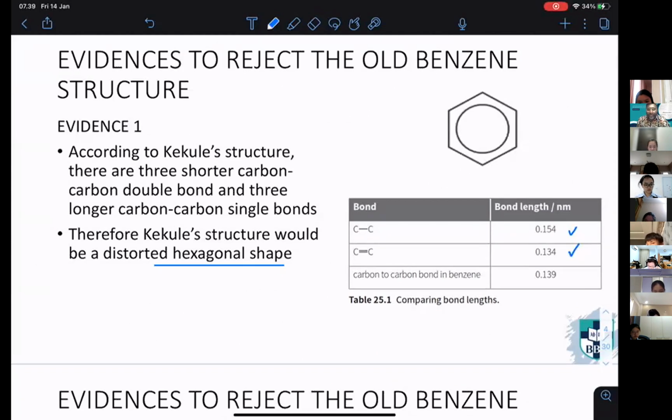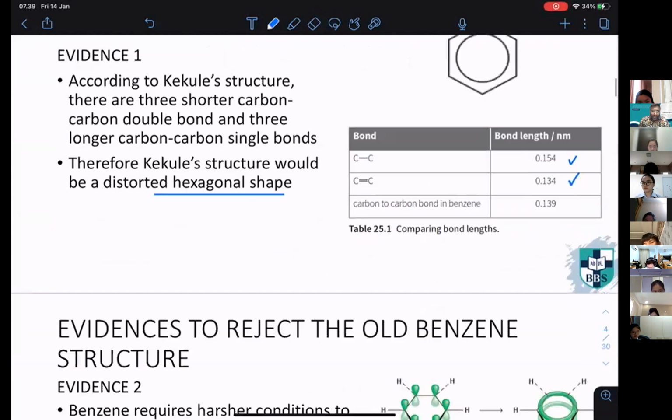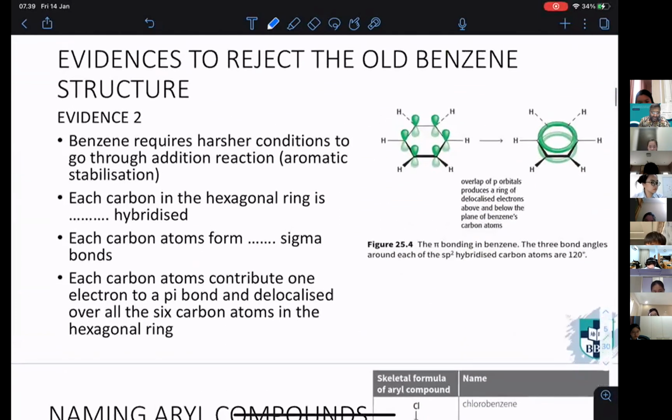Apart from bond length, there is other evidence we can use to reject the old benzene structure. Generally, when you have double bonds, we expect the structure to undergo electrophilic addition reaction. But benzene does not undergo electrophilic addition easily.